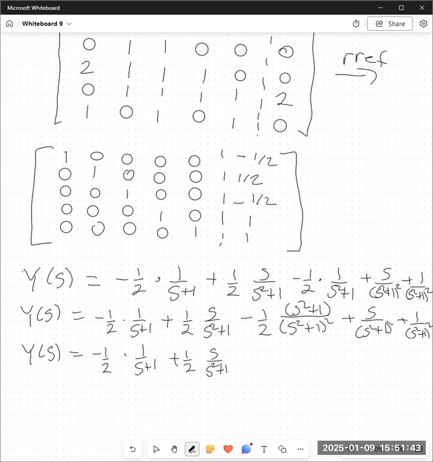And then I have plus a negative 1/2 s squared minus 1/2 plus 1 over s squared plus 1 squared plus s over s squared plus 1 squared.